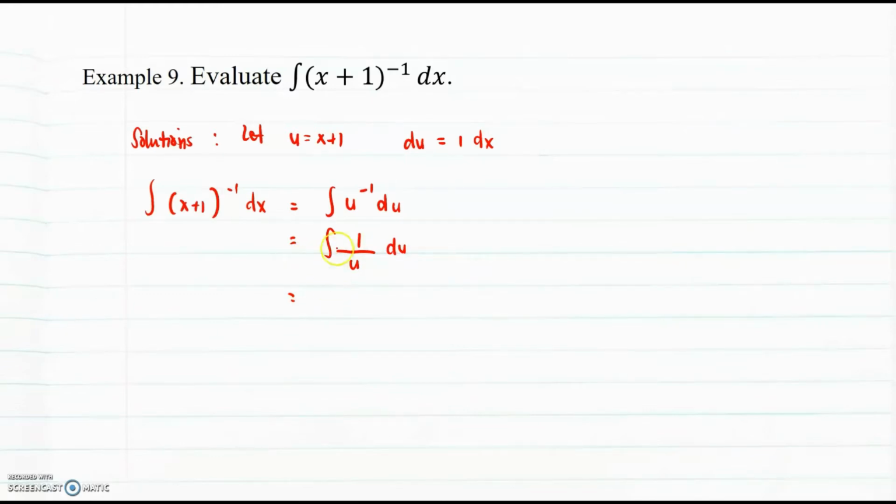The integral of 1 over u with respect to u is just equal to the natural log of the absolute value of u plus c. Substitute now your value of u. So you have the natural log of the absolute value of x plus 1 plus c, and that's already our final answer.